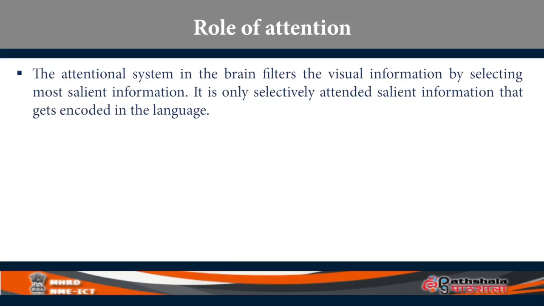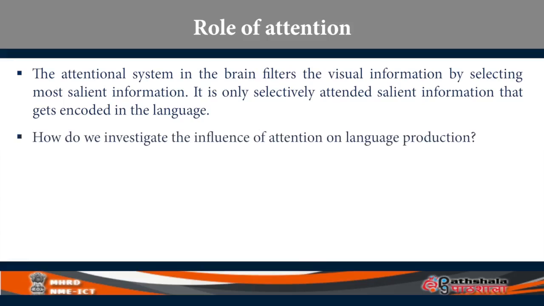English speakers pay attention to the foreground objects in the scene, whereas Chinese and Japanese people pay attention to what is happening in the entire scene. In other words, our native language predisposes us to looking at the same scene differently, and therefore you will speak differently. So how do we investigate the influence of attention in language?